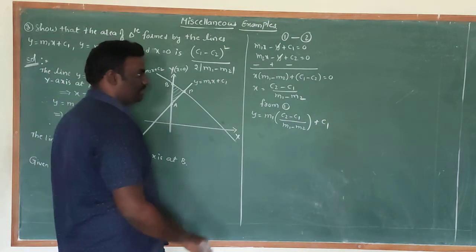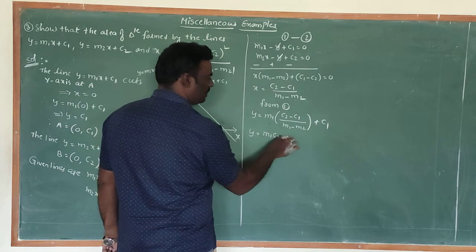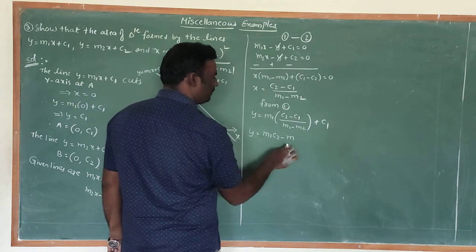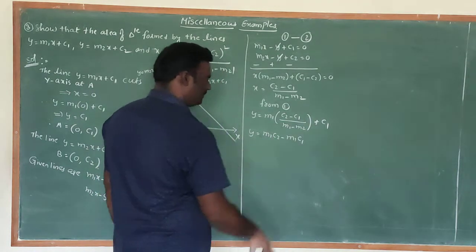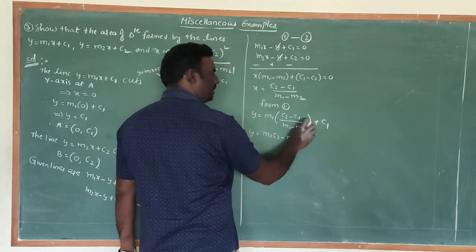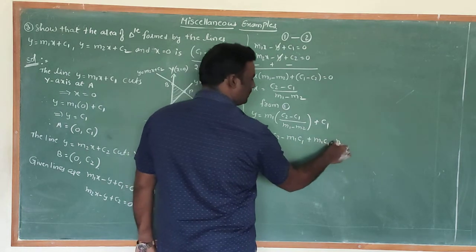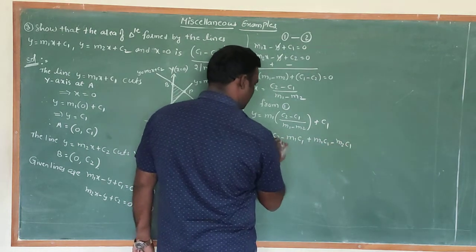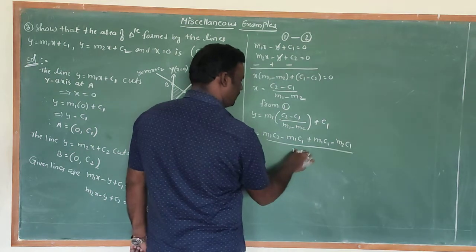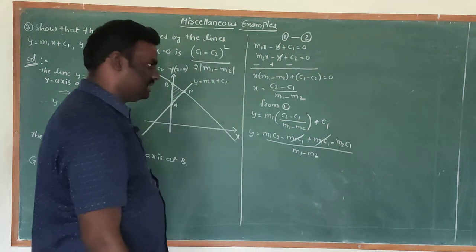Now simplify this. y equals (m1c2 minus m1c1 plus m1c1 minus m2c1) by m1 minus m2. Now m1c1 gets cancelled.